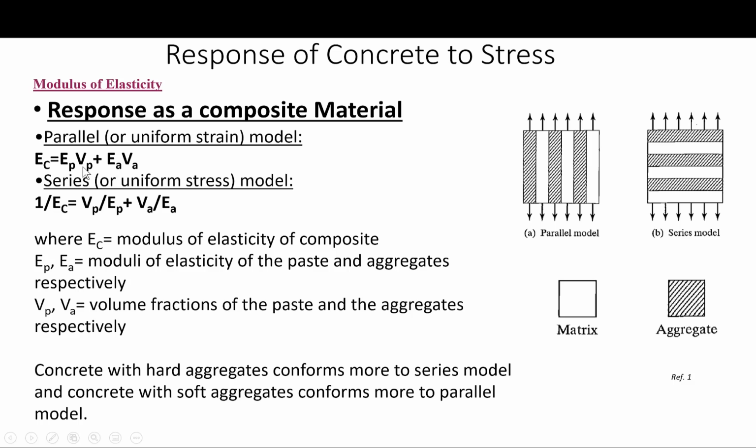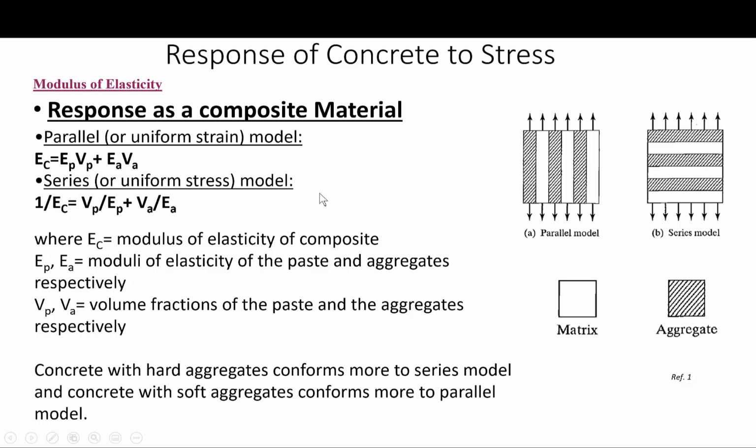And V sub P is the volume fraction of the paste, and V sub A is the volume fraction of the aggregates, okay? And the same basically here. So these are the equations. This is the equation in the parallel model. This is the equation in the series model.